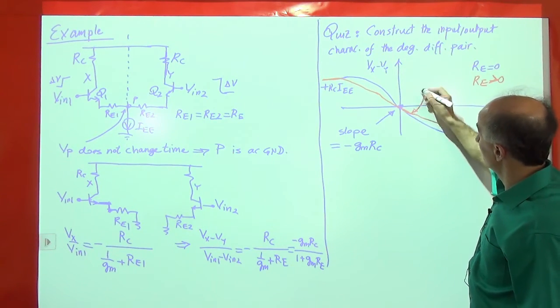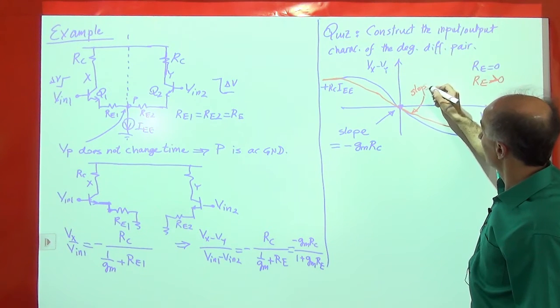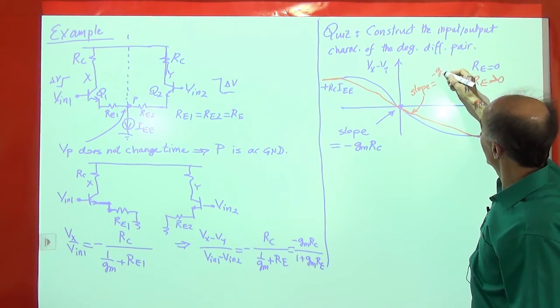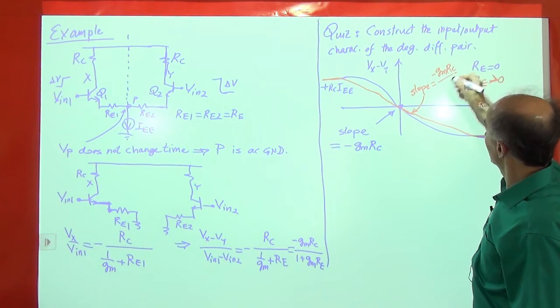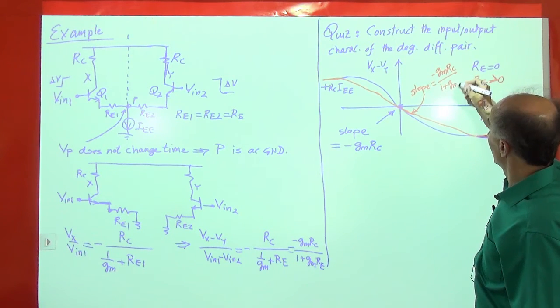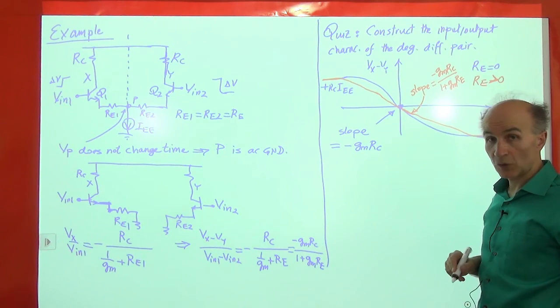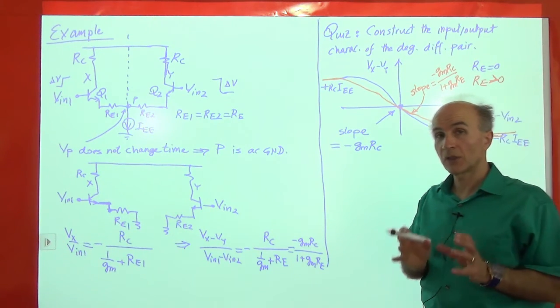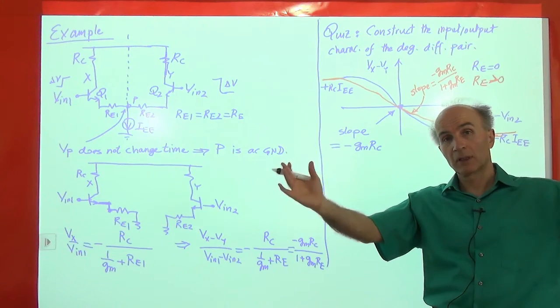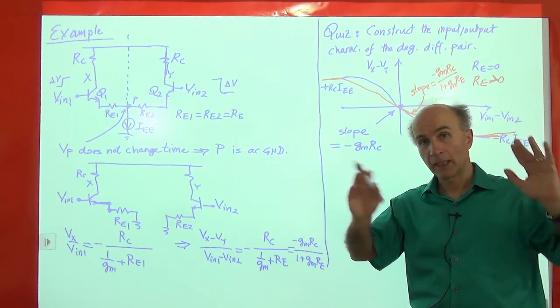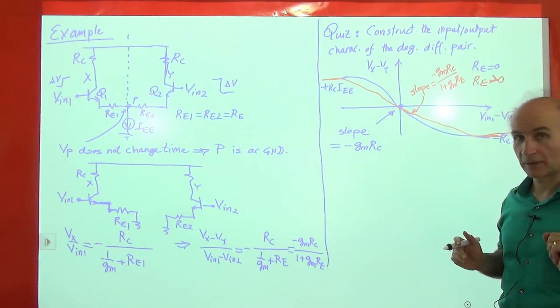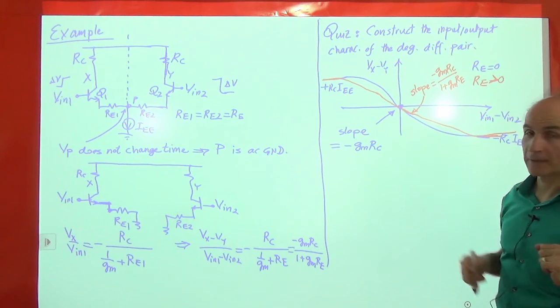So here, the slope is given by minus GMRC divided by 1 plus GMRE. Okay, so that's what emitter degeneration does to the overall large signal input-output characteristic, right? You can see that the slope decreases.